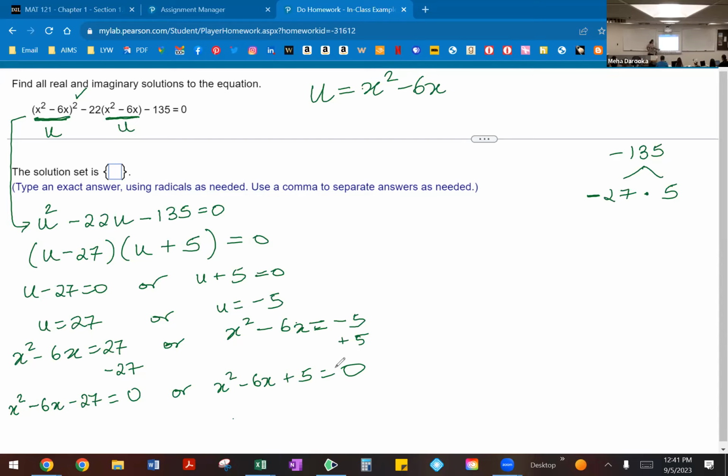So you should get 2 answers from the x squared minus 6x minus 27 and 2 answers from x squared minus 6x plus 5. So each one of them will give you 2 answers, because remember my original polynomial is x squared to the second power. So that's actually an x to the 4th polynomial that we're working with. So we should have 4 solutions to this.